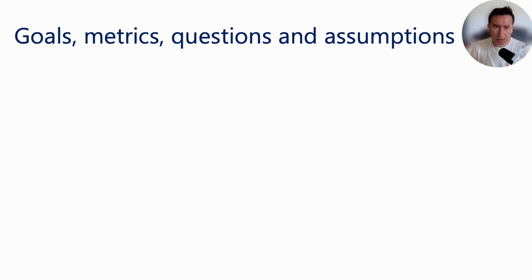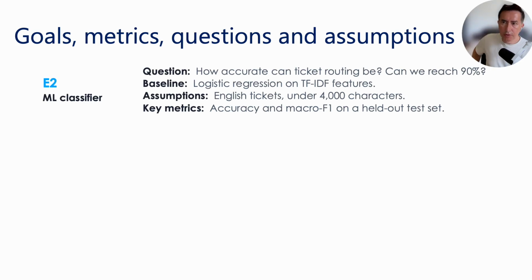Let's take a look now at our second dimension, the goals and metrics. For example, for the machine learning classifier, our example number 2, we can think that the question we want to answer is how accurate can our ticket routing be? And as a baseline, we can take a logistic regression, for example.